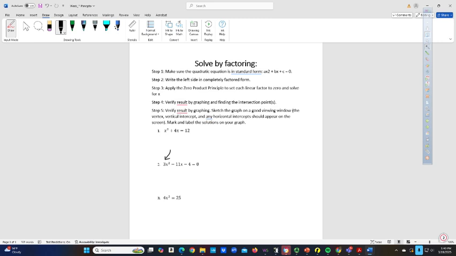So I'm just going to do the slide and divide method. That method just says I'm going to take my a term and slide it to my c term and multiply. So I get x squared minus 11x minus 12 equals 0, right?